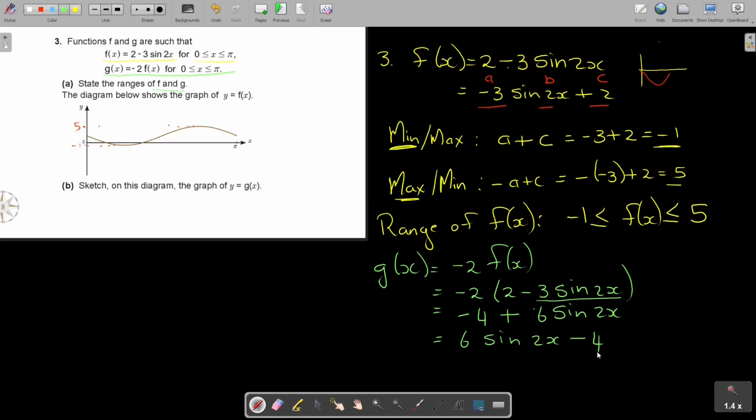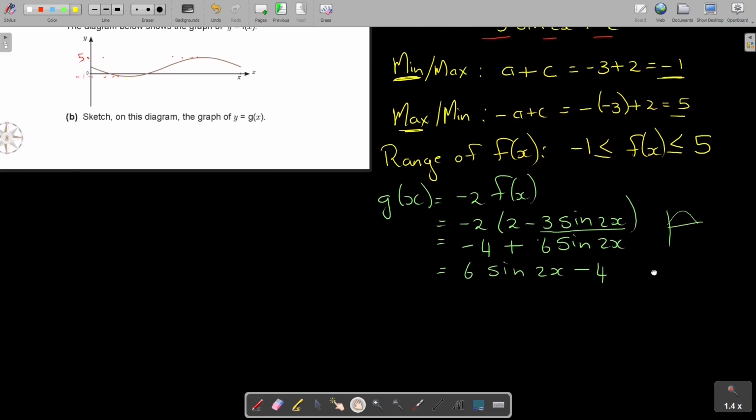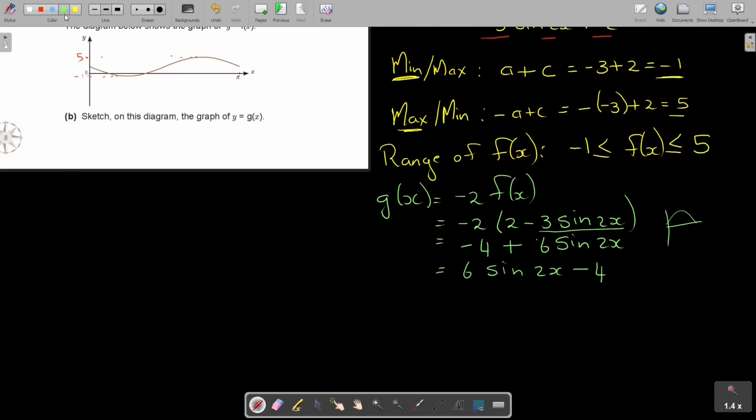Now, as I said, that one first goes down, where this one will go up, the normal way. Maybe I can just show you here. It would have first gone down, as you can see in the sketch. But just remember, it's also moved 2 units up. I'll come now to the sketch. So again, I can do my minimum and maximum, and I think this one will work better according to your formula.